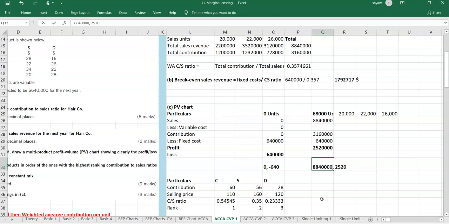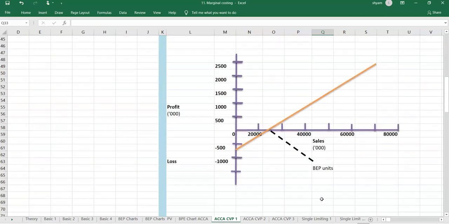We will remove 3 zeros, so it becomes 8,840. So in our scale, we have to change our scale also: 2,000, 4,000, 6,000, and 8,000. If possible, we have to lengthen the scale, but I don't think this could be lengthened.